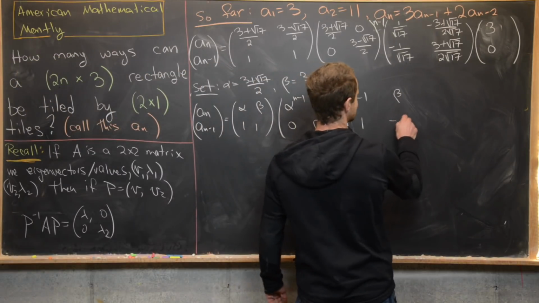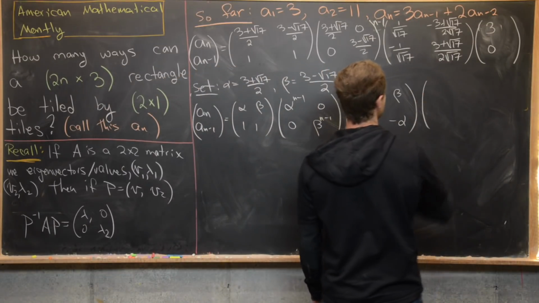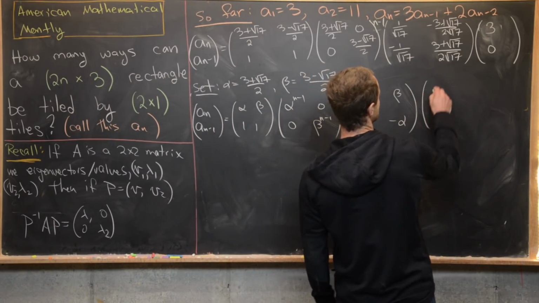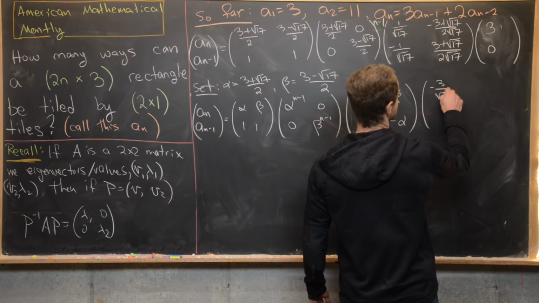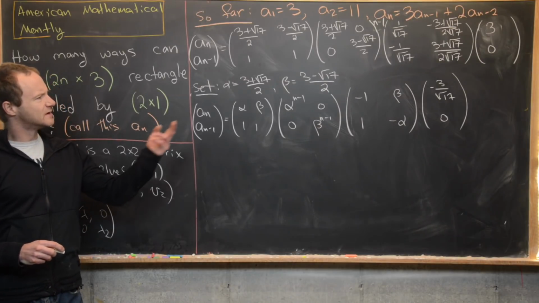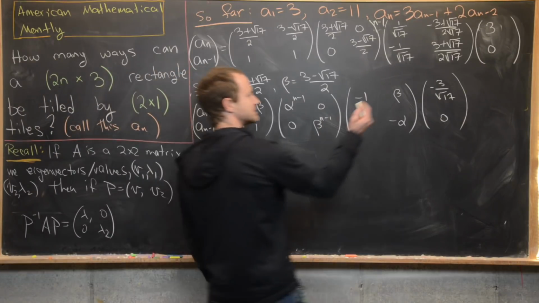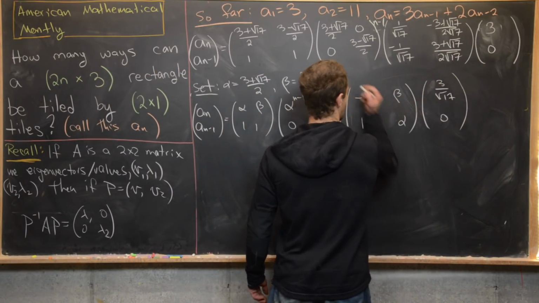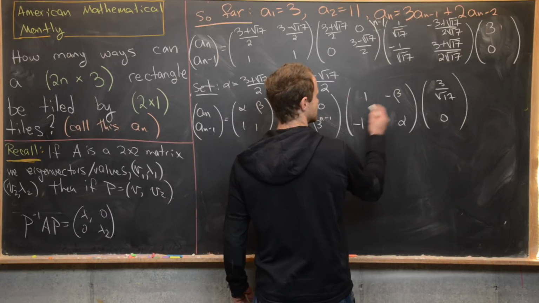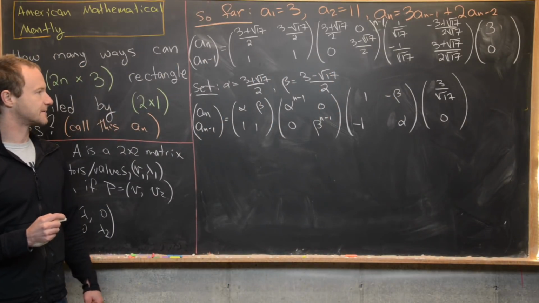And then we'll have minus alpha here, again for the same reason. And I'll go ahead and take that minus 1 over root 17 and put it here as minus 3 over root 17. Then another thing to do is maybe we shouldn't have taken a minus sign out. So let's take this minus sign and put it back into this matrix. That'll just change all of the signs. And now we've got something that looks a little bit nicer.